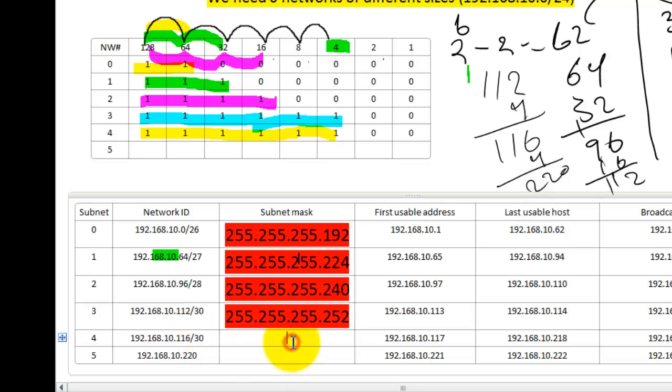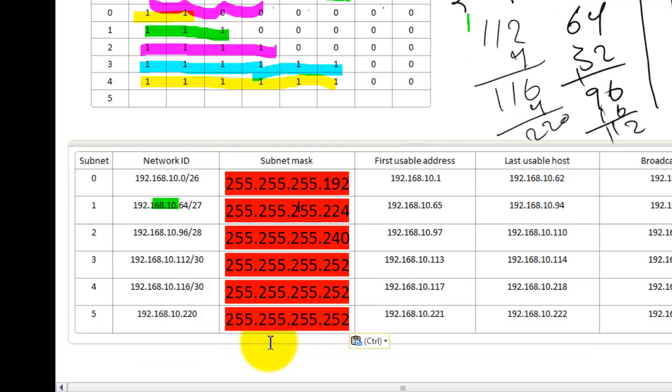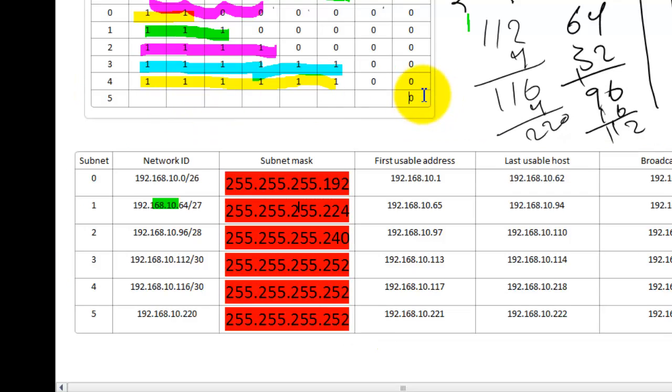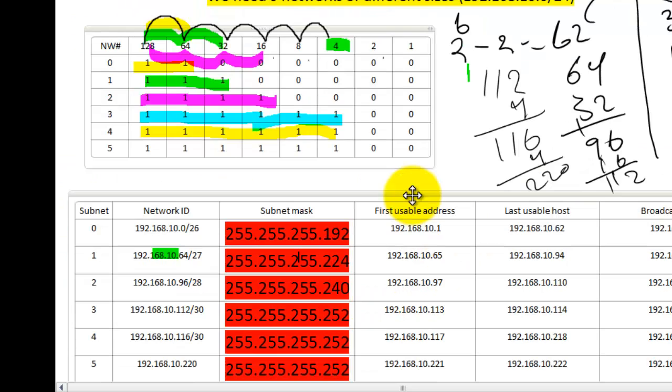And the subnet mask will be the same here for the last one. If we need to fill this, it is 1 1 1 1 1 1 0 0. So now we do have a variable length subnet mask.